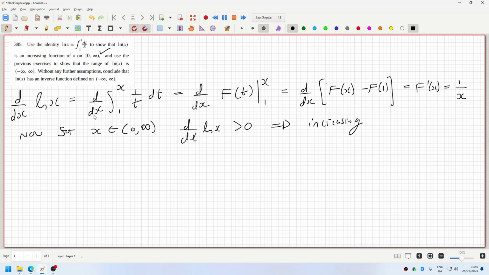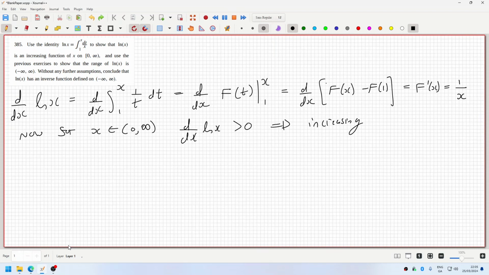And use the previous exercise to show that the range of log x is minus infinity to infinity. That one I need to think.